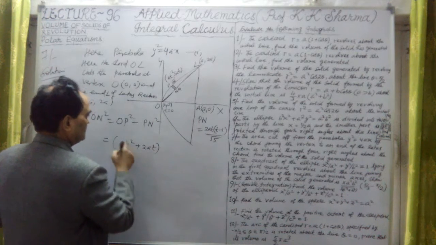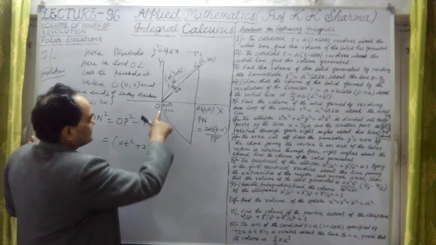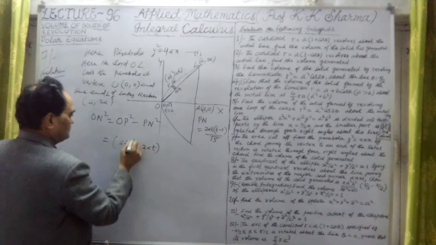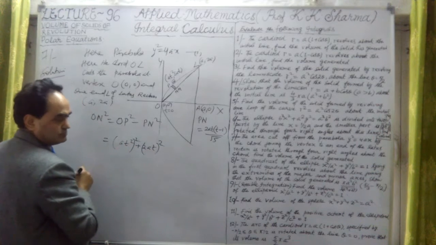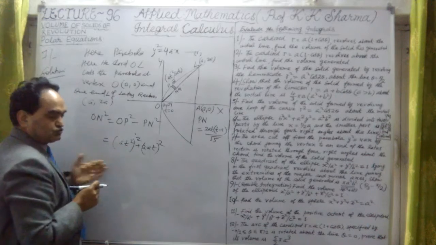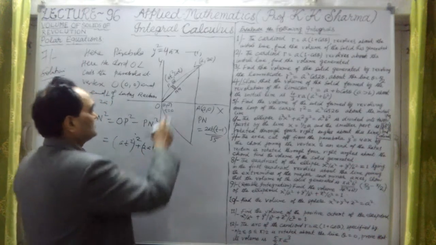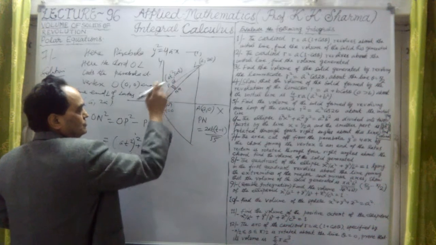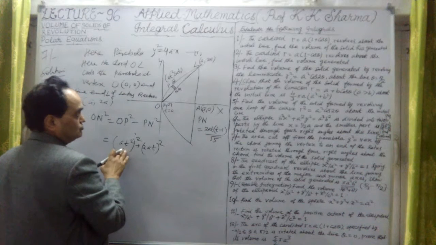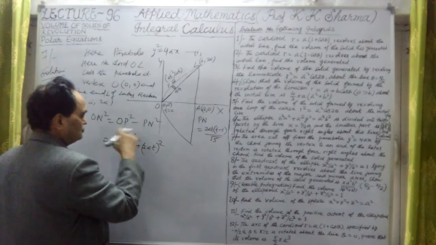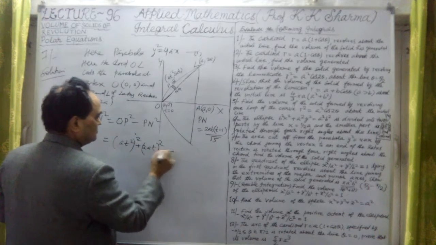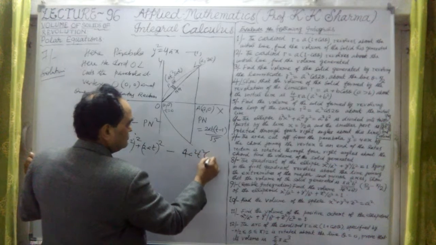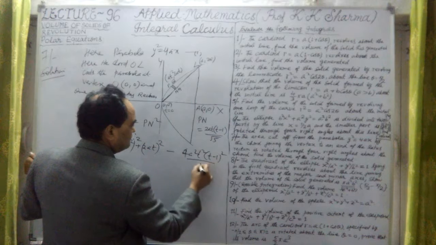The length of OP is x2 minus x1 whole square plus y2 minus y1 whole square, where x2 is at square, y2 is 2at, and here 0, 0. So the value of OP square minus PN square is this: 4a square t square into t minus 1 whole square upon 5.